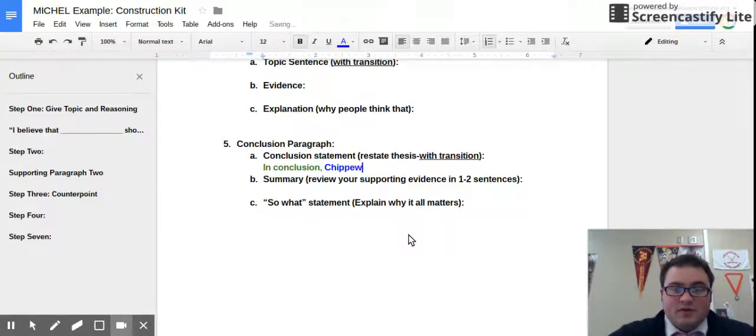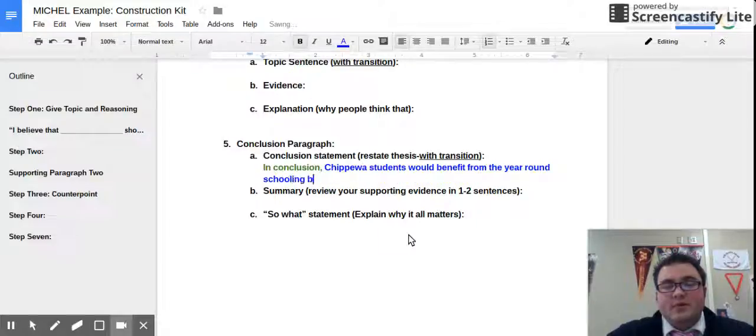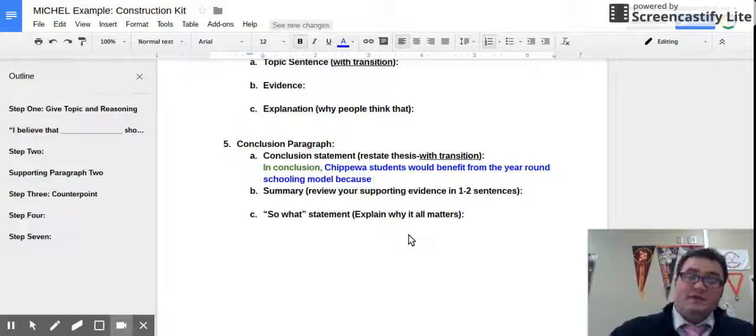All right, so Chippewa students would benefit from the year-round schooling model because, and then I'm going to review my 2 points, X should Y because of A and B. Good way to do this, if you don't want to say it the same way, you could flip those 2.